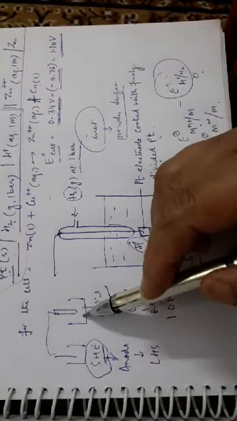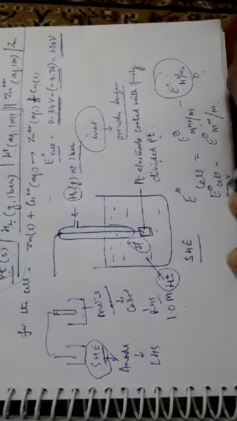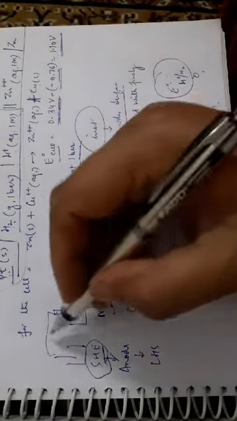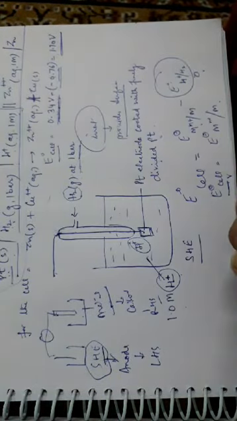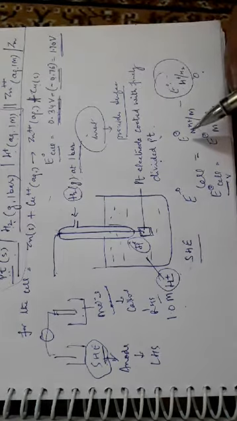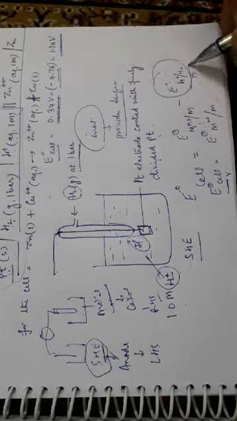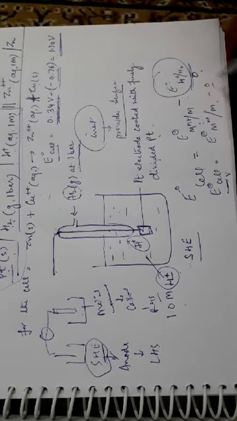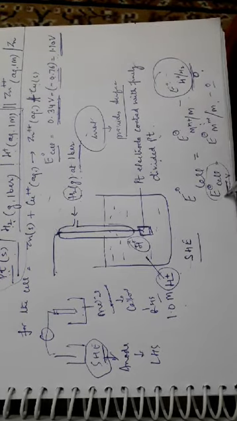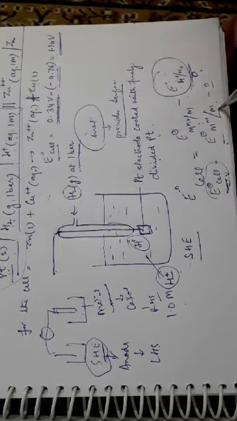In this combination, ultimately we get E naught cell from the voltmeter that is being attached in the external circuit. We get E naught electrode minus E naught standard hydrogen electrode. The value of this is being put, that is minus 0. So whatever is the value of E naught cell is the value of E naught electrode.